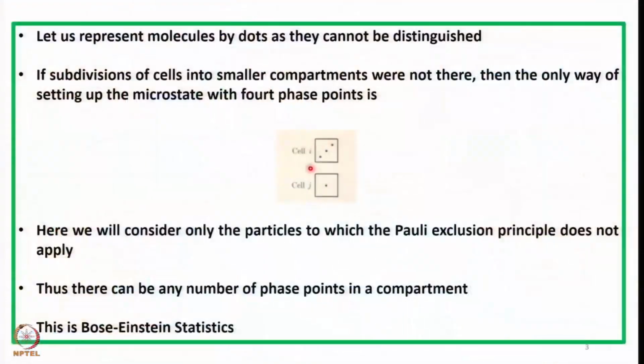That is why here you are talking about 3 can be put in I, 1 can be in J. Thus there can be any number of phase points in a compartment, and this is Bose-Einstein statistics. Let us discuss a few details of this Bose-Einstein statistics.